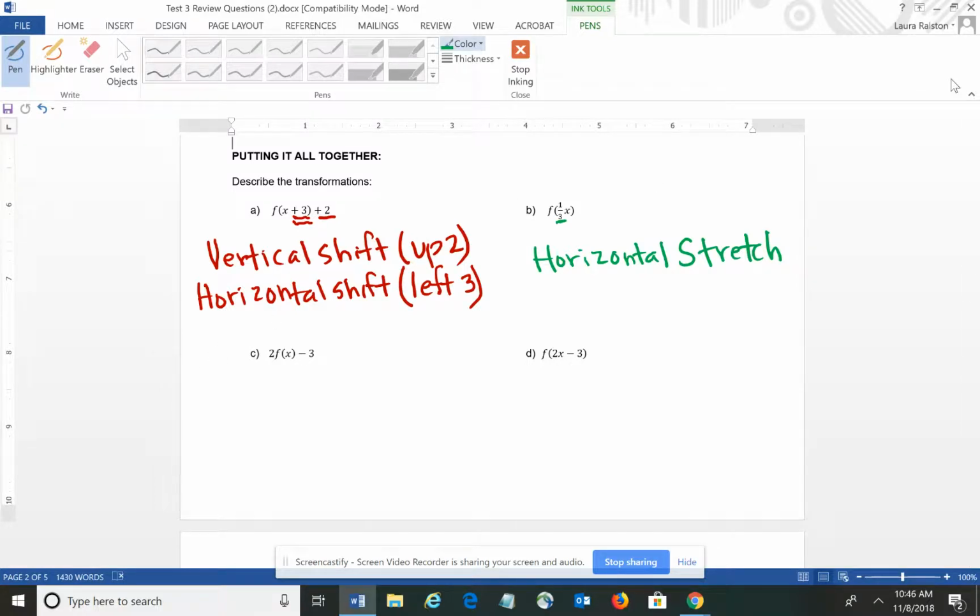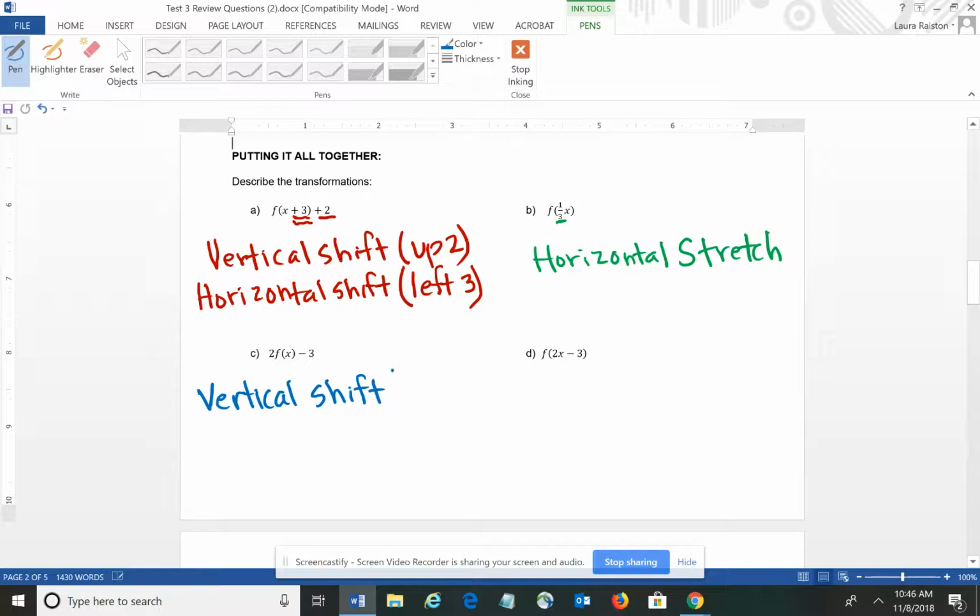Letter C, here we have 2 times f of x minus 3. And it really doesn't matter how you describe it, but initially you have minus 3, okay, which is kind of tagged at the end. It's outside the parentheses. So that lets me know I'm going to have a vertical shift.